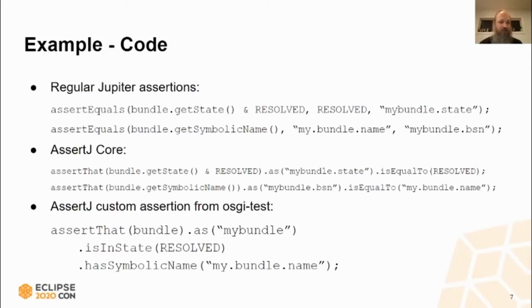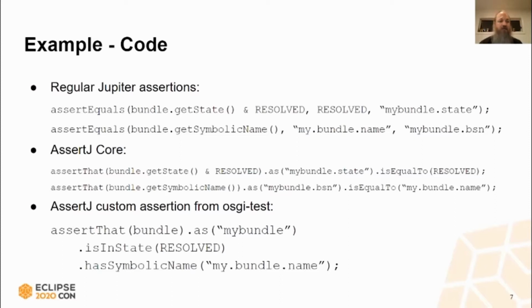And also, as we'll see, you can't use the IDE completion to look at the specific different types of assertions. You have to remember that assertEquals is your method. Whereas with AssertJ core, in the next line, you just type assertThat. All the assertions will start with assertThat. And then when you get to the last bit, as we'll see in the next slide, it'll show you which assertions are available for that object.